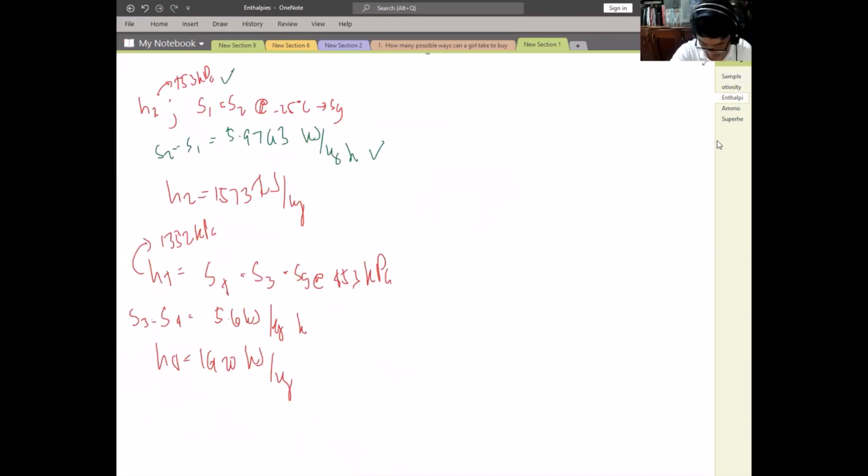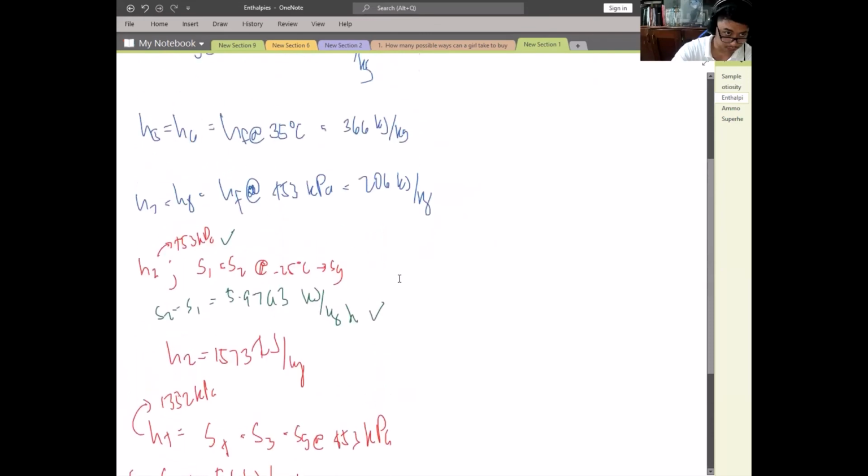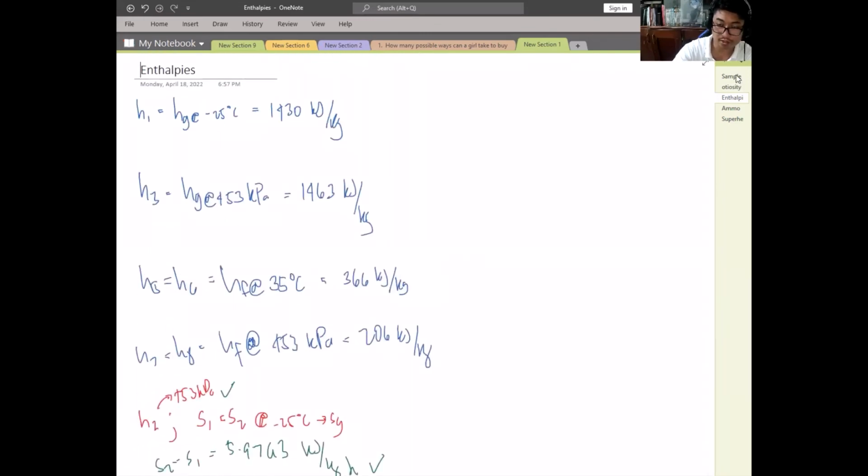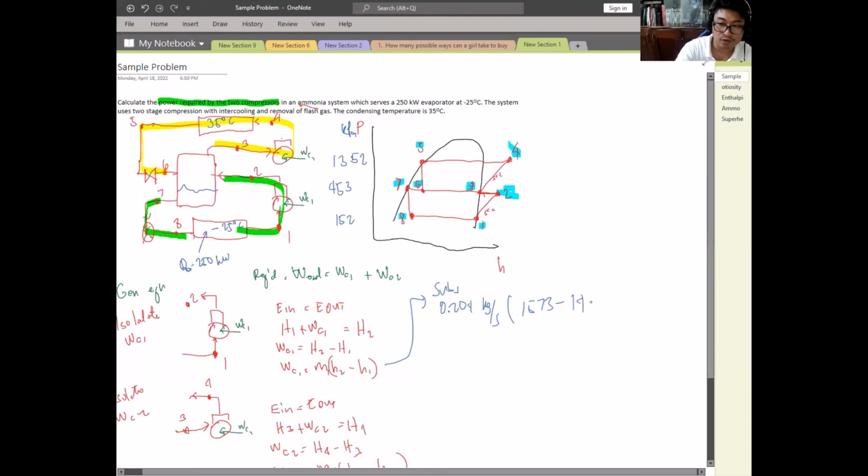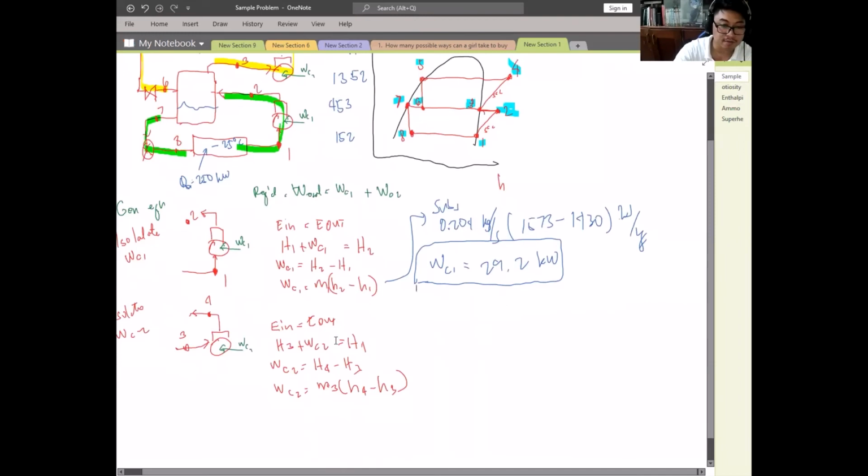H1 is 1430 kilojoule per kilogram. So we can cancel kilogram, leaving kilojoule per second, or kilowatts. So therefore, work of the compressor 1 will be 29.2 kilowatts. This is the low stage power, so its pressure is low.